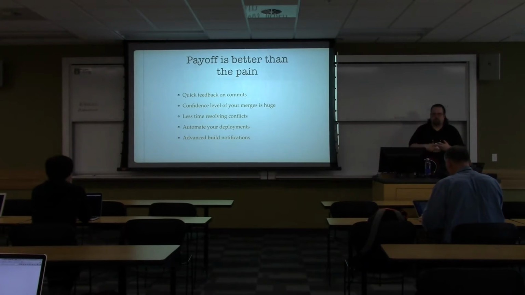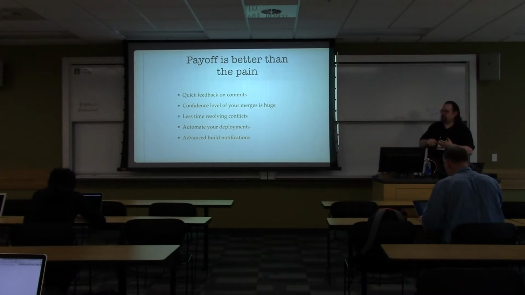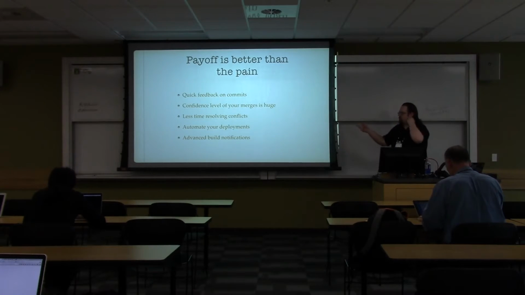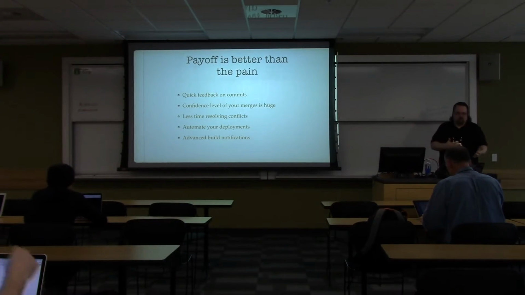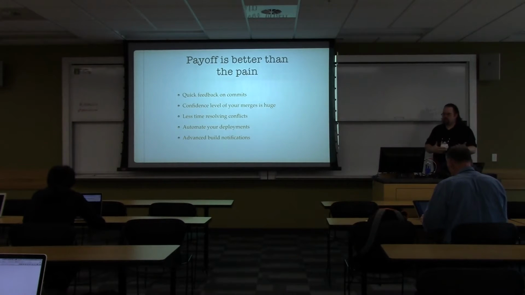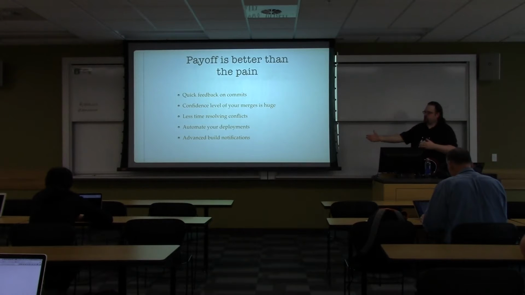You're going to automate your deployments and you're going to have advanced build notifications. When something goes wrong in Codeception, if you've never used it, you get a screenshot and the HTML output of the failed test. So you can go and look at that in the work folders of TeamCity and see exactly what went wrong. You should see that locally. In some instances, because the development environment and the TeamCity environment aren't exactly one-to-one matched up, there could be some differences there.